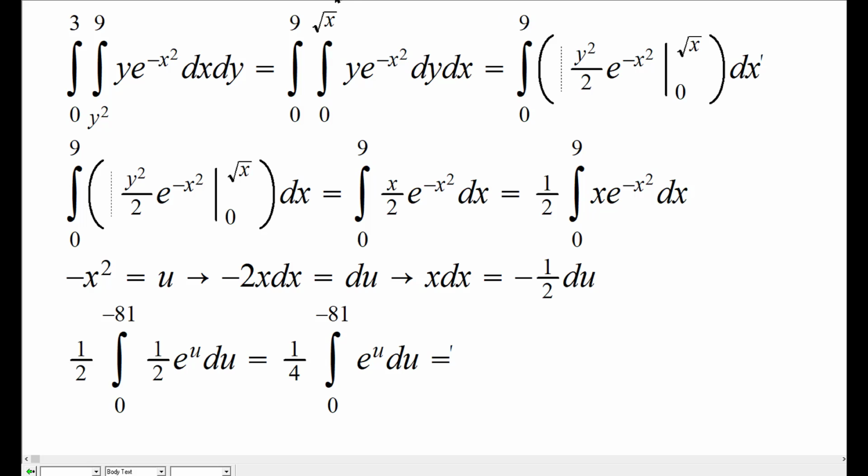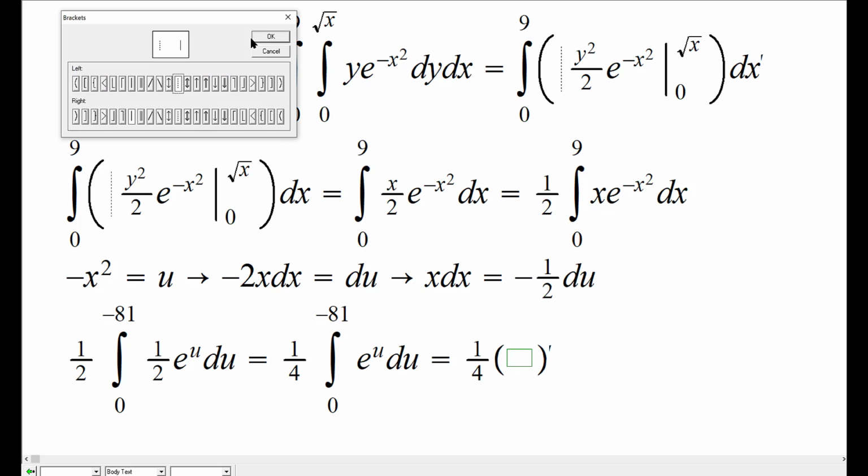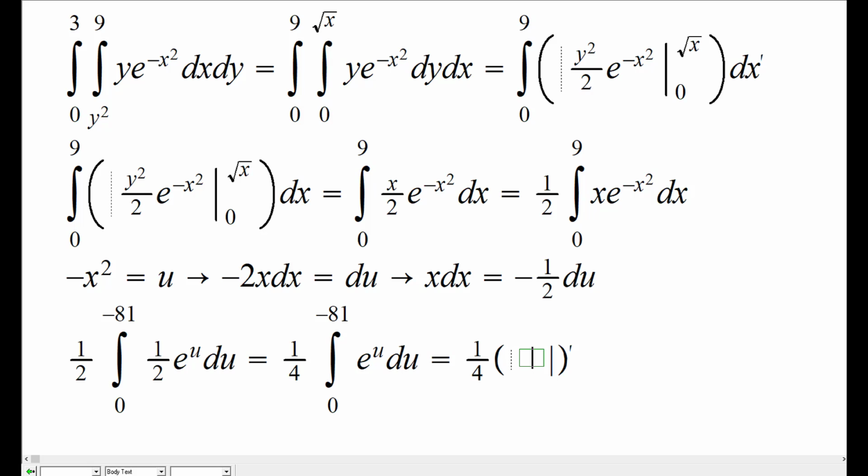And that will be simply 1/4. Okay, and then I'm just going back to the basics of calculus 1, the integral of e to the u is e to the u. The lower limit is 0, and the upper limit is negative 81 actually. So the answer for that integral will have e to the negative 81.